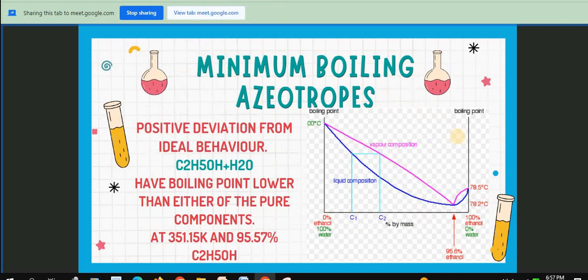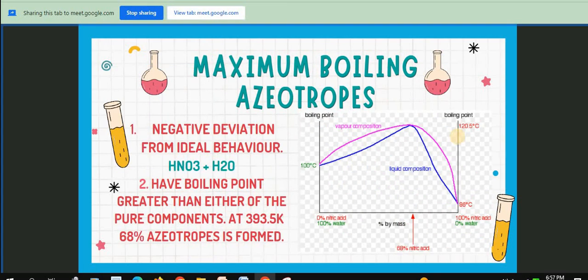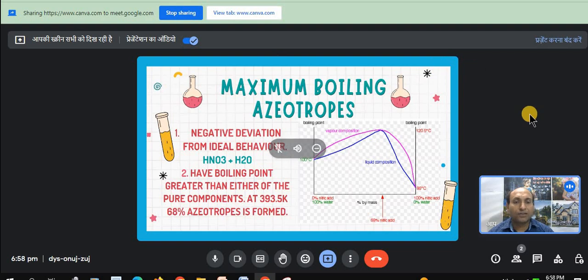Now come to the next, maximum boiling azeotrope. Maximum boiling azeotrope means negative deviation. Negative deviation means pressure is less, and pressure less means boiling point is higher. You can see from this curve, the boiling point of water is 100, the boiling point of nitric acid is 86, and the boiling point of the mixture at a concentration of 68% is 120.5.